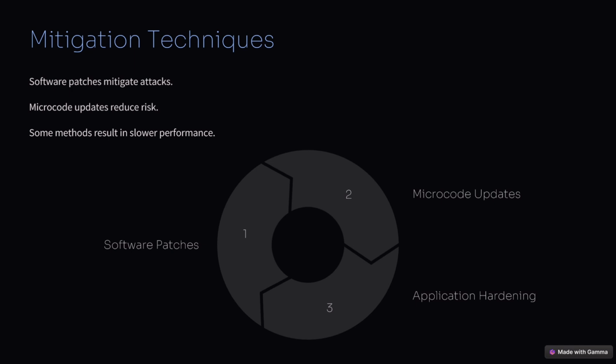It means CPU manufacturers have released firmware updates to reduce risk. Coming to the third one, it is application hardening. Developers have modified software to minimize exploitation chances. So this is the graphical representation. However, some of these mitigation techniques result in slower system performance as well.